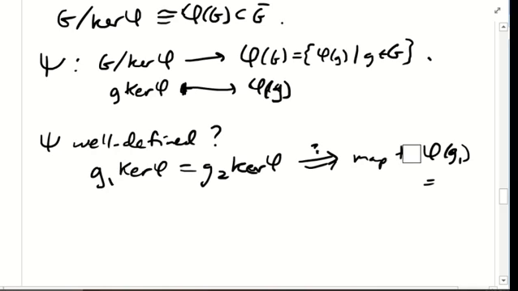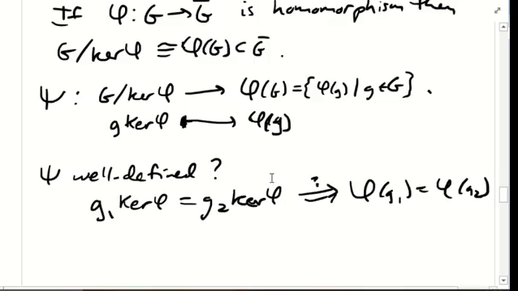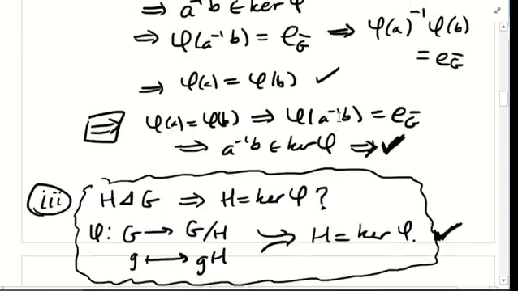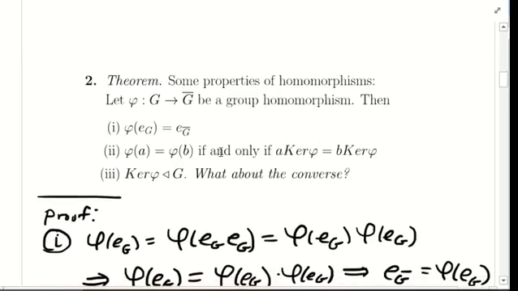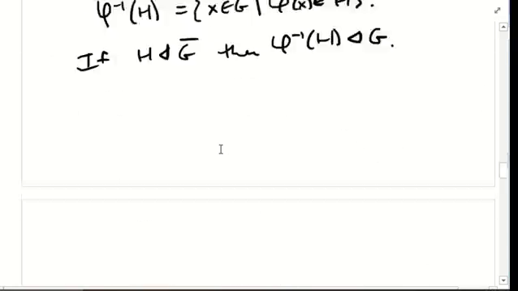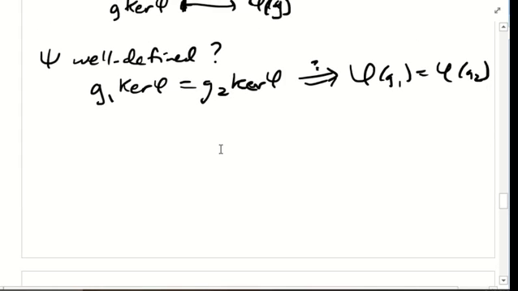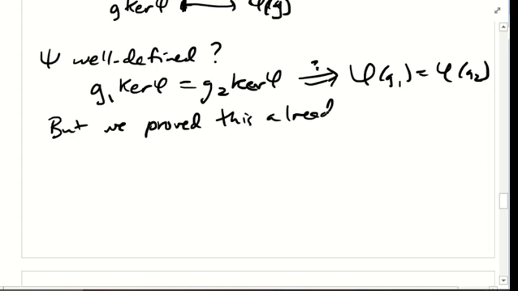Sorry, in particular, we want to show that phi of g1 is equal to phi of g2, but this is exactly what we proved earlier, right? Number 2 up here. So there's nothing to show. We proved this already. Yay!